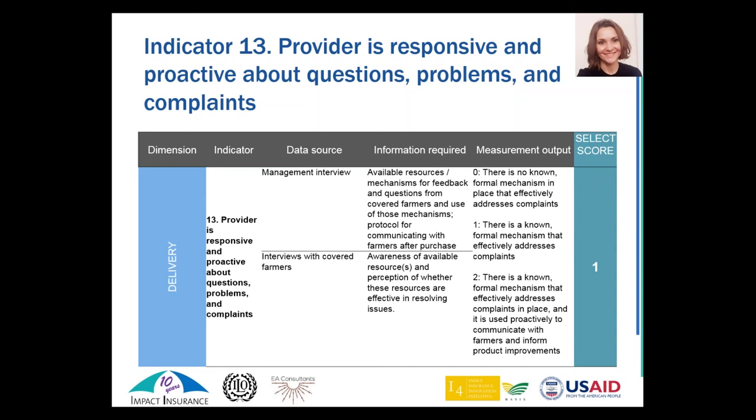And so to measure this for this indicator, we will of course interview farmers, but we will interview the management to understand what has been done, what processes are in place, and what has been created. But we will also talk to the end customers to assess the effectiveness of these mechanisms and what farmers have experienced so far.